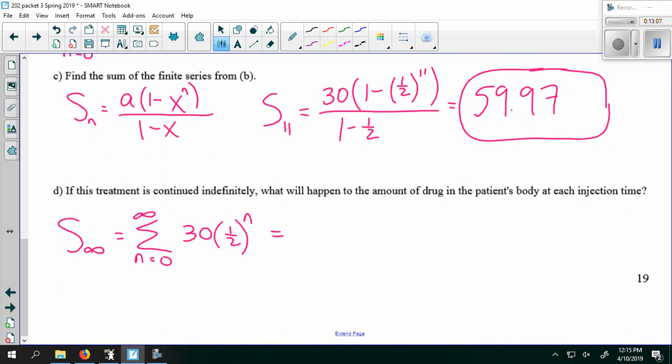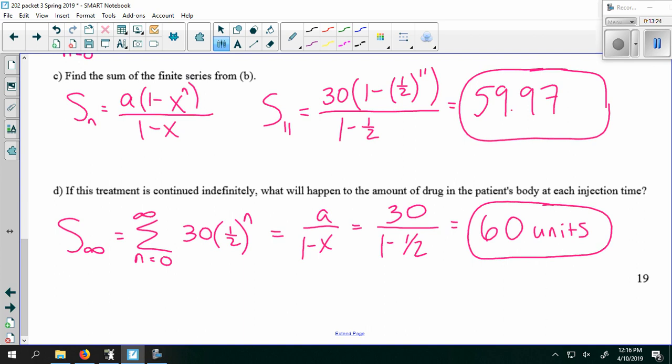And that is A over 1 minus x. A is the first number in the series, 1 minus the multiplier, which is 1/2. So 30 divided by 1/2 is 60. So there would eventually be 60 units in the body in the long run.